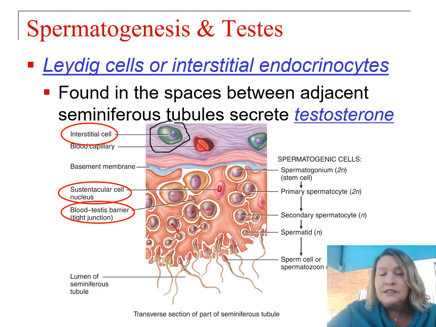This is the nucleus right here of the sustentacular cells, or the Sertoli cells. And then you can see here, right in this area, that junction, the blood-testis barrier tight junction. I like this. We're going to look at this side of it shortly.